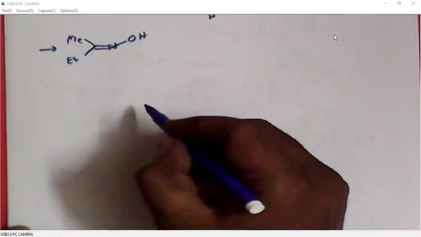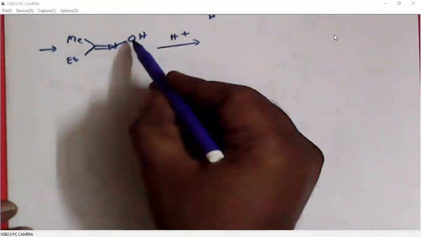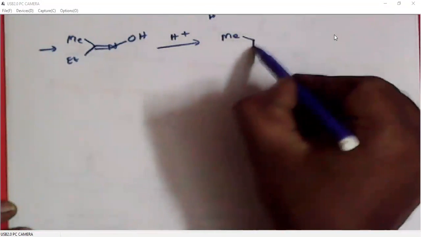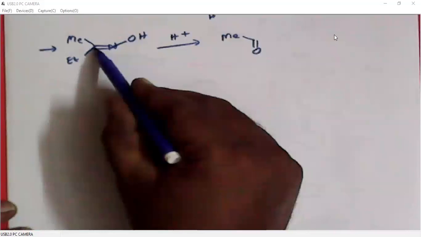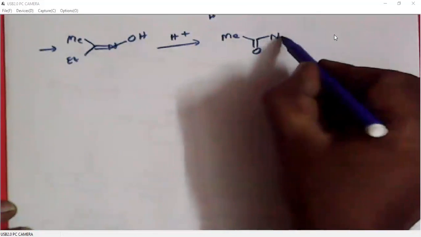So in Beckmann rearrangements, the alkyl group which is opposite to hydroxy group will undergo migration. In this case, ethyl group is opposite to OH, so the product will be methyl, and this carbon is converted to carbonyl, C double bond O, and we have nitrogen, and the ethyl group will be migrating.